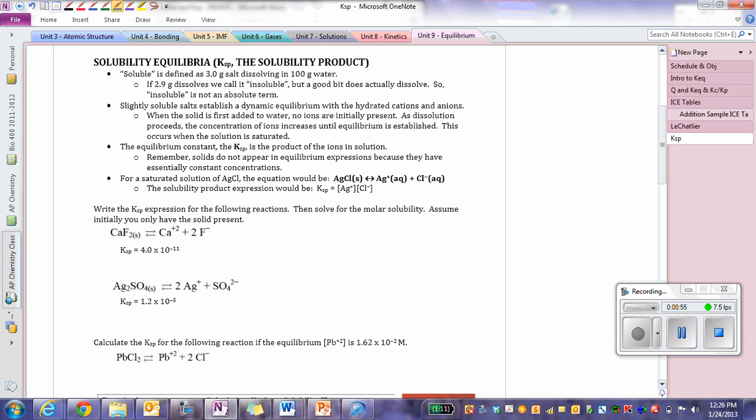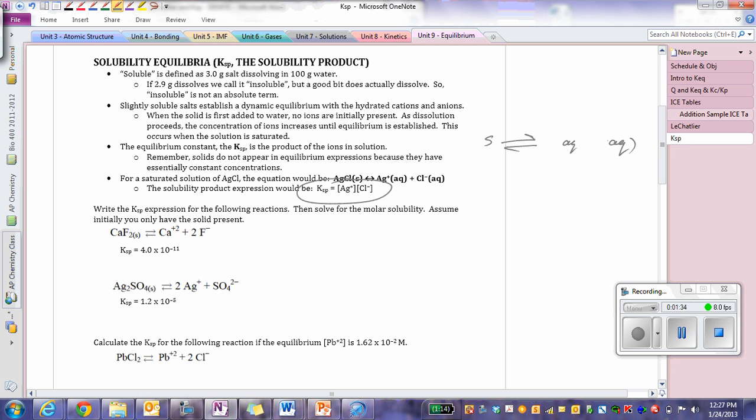For example, slightly soluble salts get to an equilibrium in terms of cations and anions. The concentration of the ions is what's truly important here, and calculating those concentrations is important as well. In terms of KSP, you're looking at a solid that's dissolving into two aqueous ions.